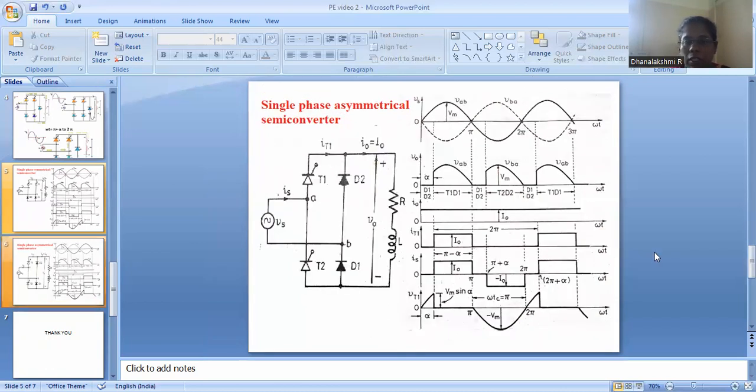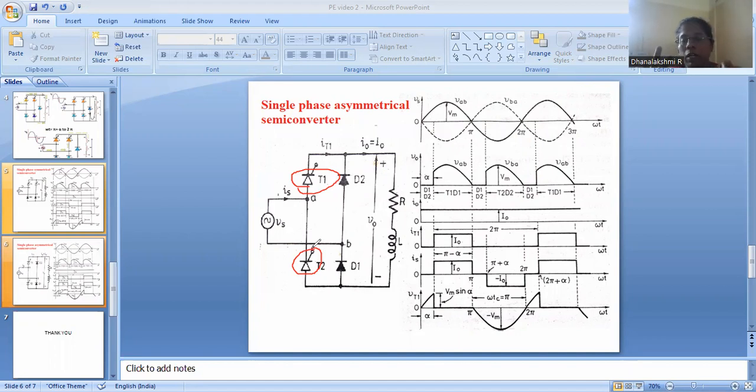Whereas in the asymmetrical configuration, you can see that one leg is going to carry both the thyristors, whereas the other leg is going to carry both the diodes. So the legs are asymmetrical here. That's why we say this type of configuration is an asymmetrical semiconverter.